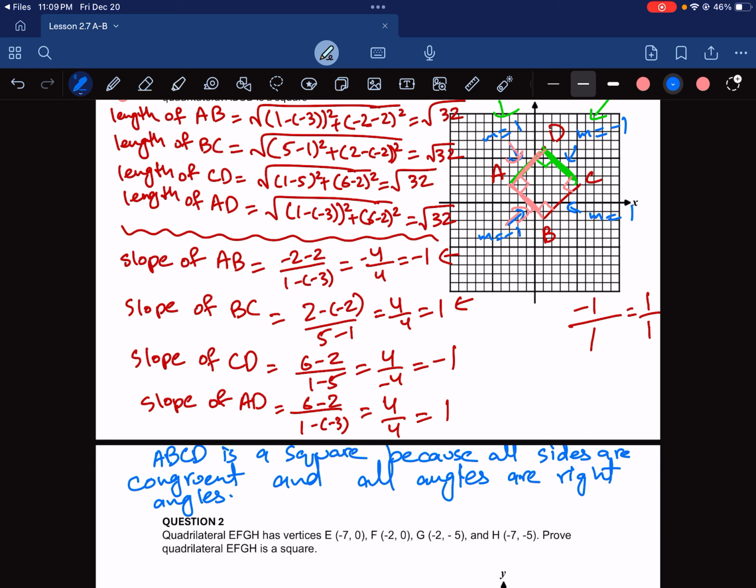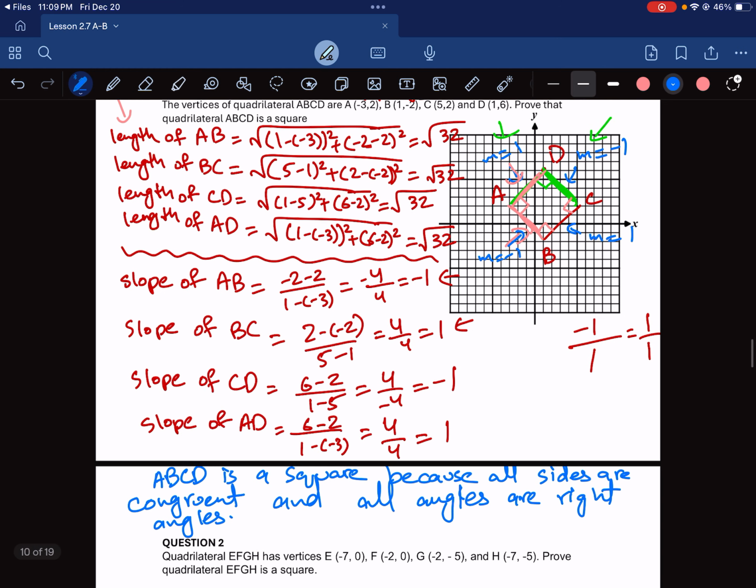That's it. For a square, you have to use both the distance formula and the slope formula.